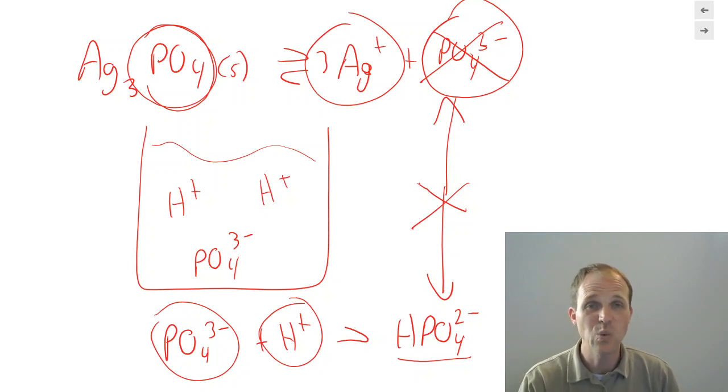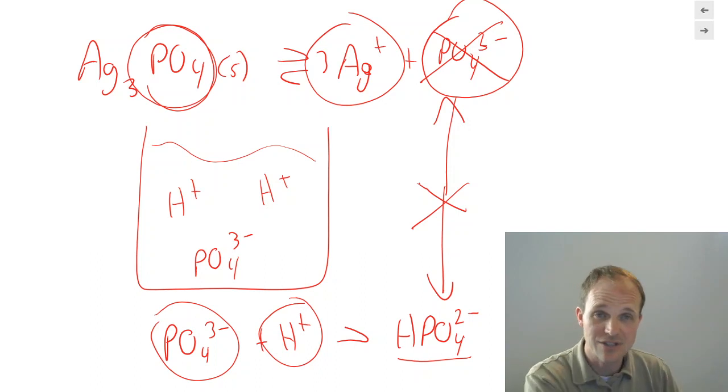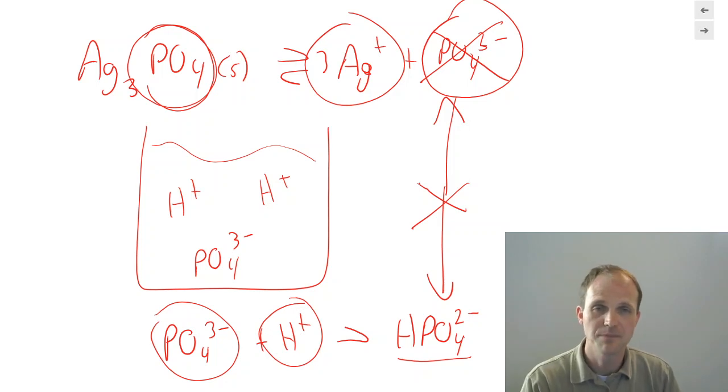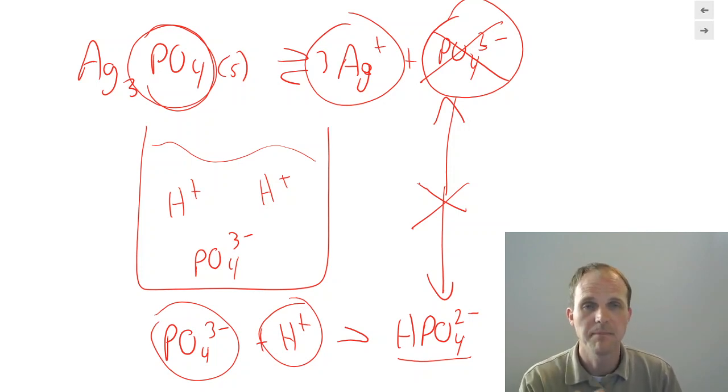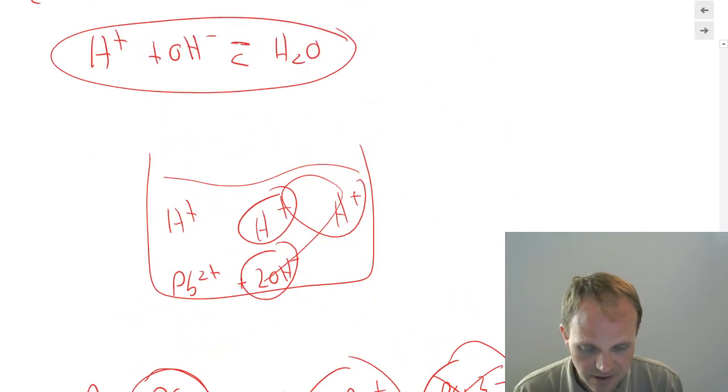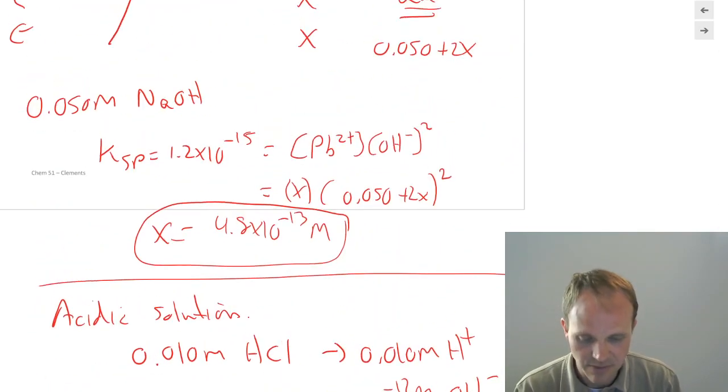All those weak conjugate bases, not the really super weak ones, not the conjugates of the strong acids, but those other weak conjugate bases. If you're going to put those into acidic solution, you're going to make that significantly more soluble. And again, we're not going to quantify that, but you need to understand that. Sounds good. All right, lots of pictures here, but we got the idea.